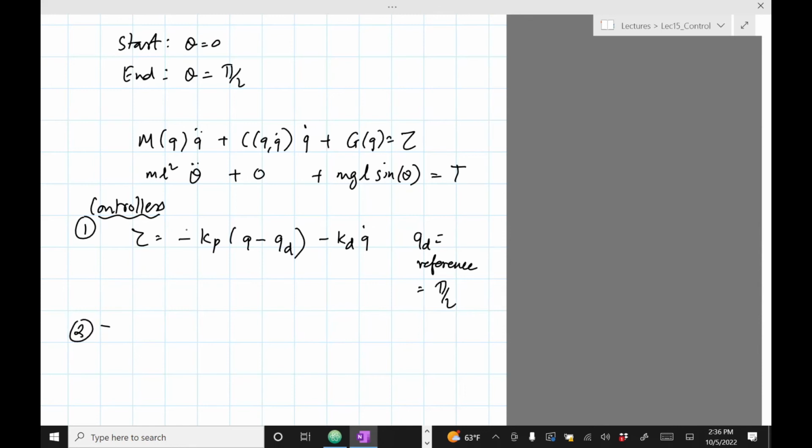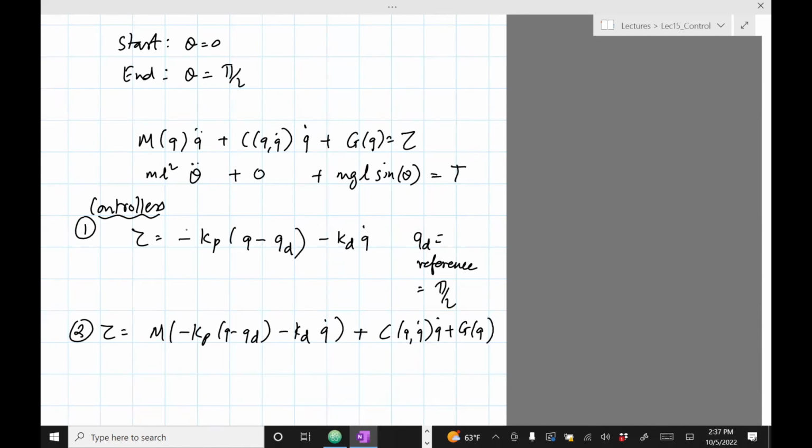And the second controller does the feedback linearization, which I just talked about. M times [Kp (q_desired minus q) minus Kd q dot] plus C q dot plus G of q. Clearly it's simpler than that.